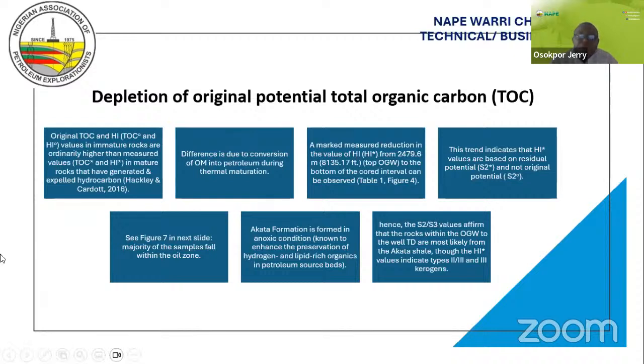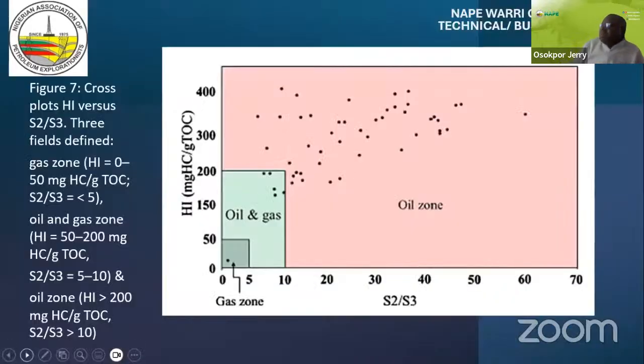Now, looking at this, we know that the Akata formation, next slide, the Akata formation is a material that's been deposited as sediments in deep marine settings, while the Agbada is paralic. Hence, the Akata ordinarily is supposed to host type 2 kerogen, while the Agbada will host type 3, dominated by type 3 and even type 4 kerogen, with maybe some stratigraphic levels presenting subsidiary type 2 kerogen.